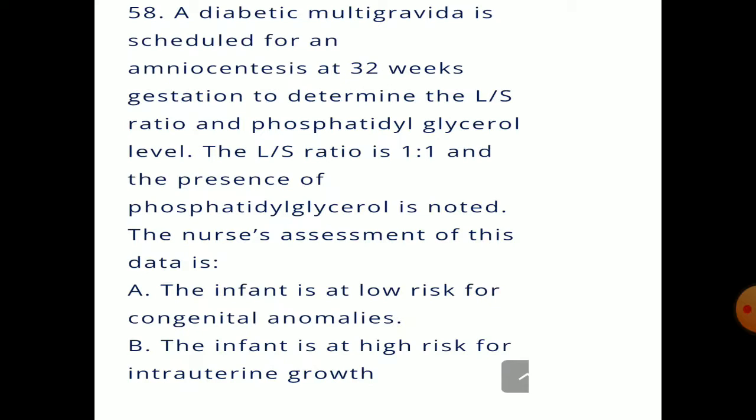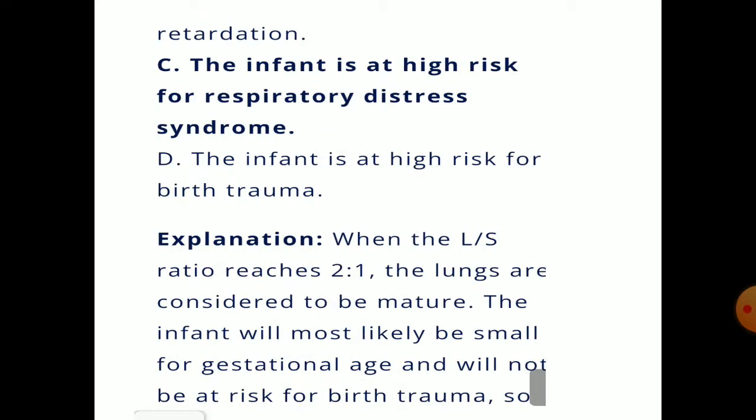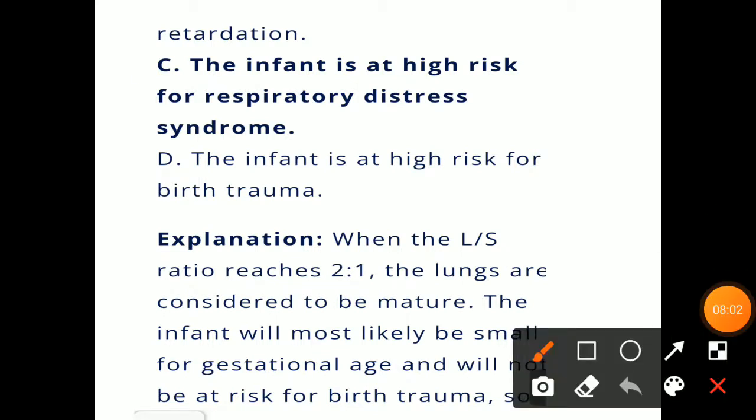The nurse's assessment of this data is: options are the infant is at low risk for congenital anomalies, the infant is at high risk for intrauterine growth retardation, the infant is at high risk for respiratory distress syndrome, the infant is at high risk for birth trauma. Correct answer option C. The infant is at high risk for respiratory distress syndrome.